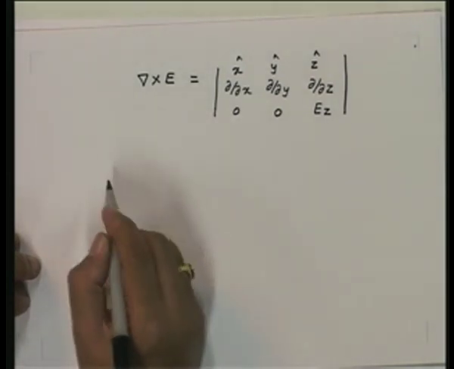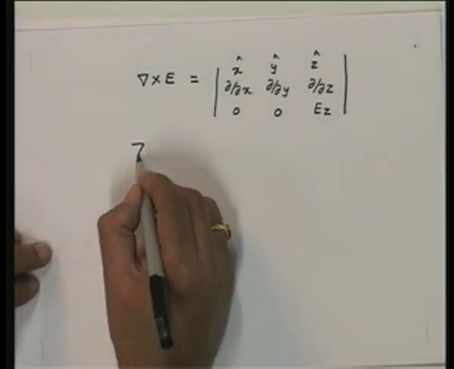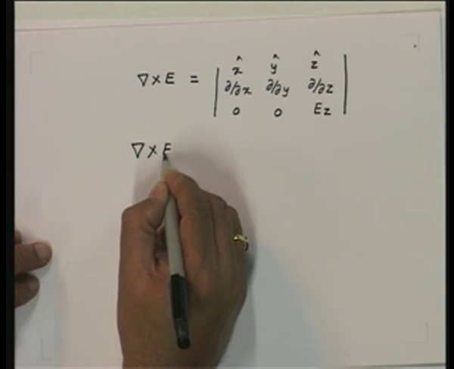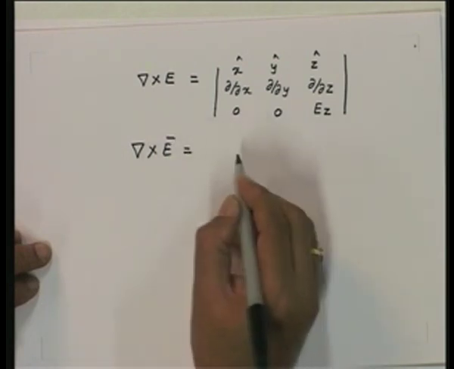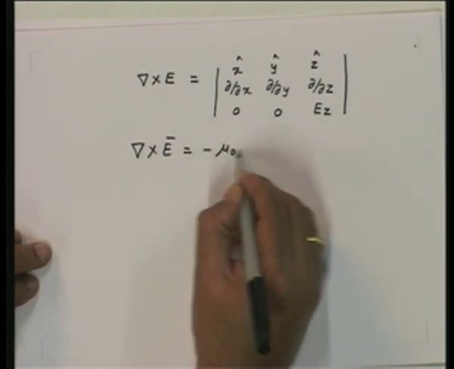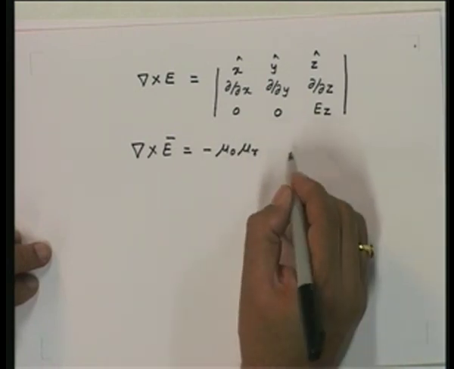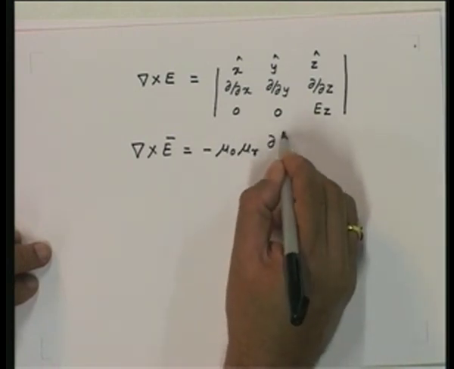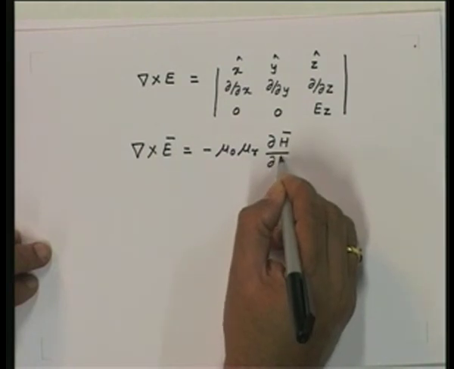Now we know from Faraday's law that del cross E is equal to minus mu 0 mu r dH by dt.